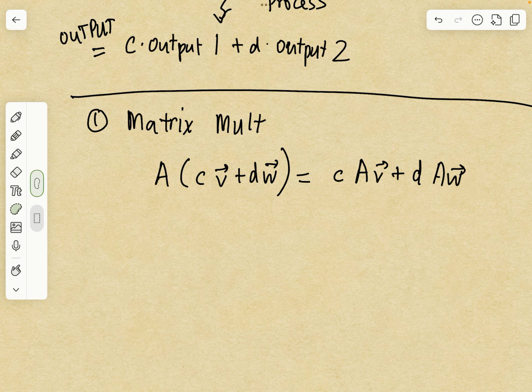So just to make sure we're okay on the notation, C and D are scalars and v and w are vectors. A is a matrix, v is a vector, so Av is a vector. Similarly, Aw is a vector, and so this is a linear combination of these vectors. So matrix multiplication is linear.